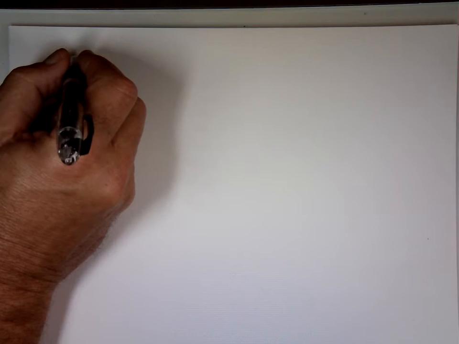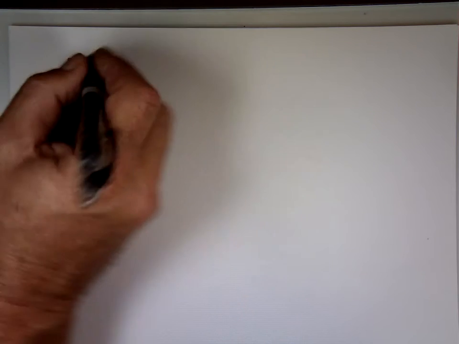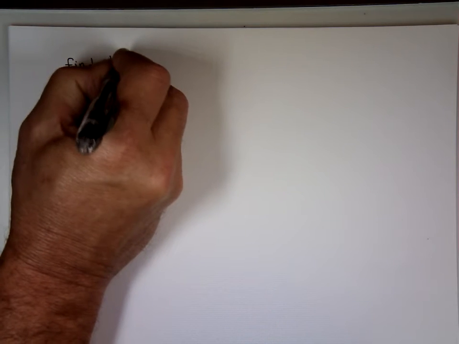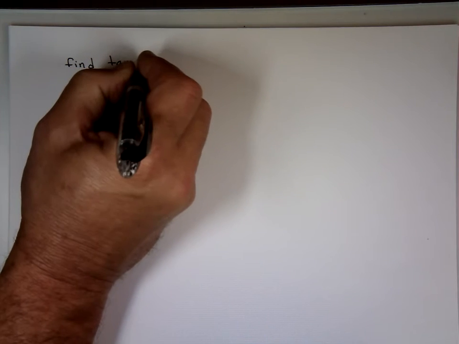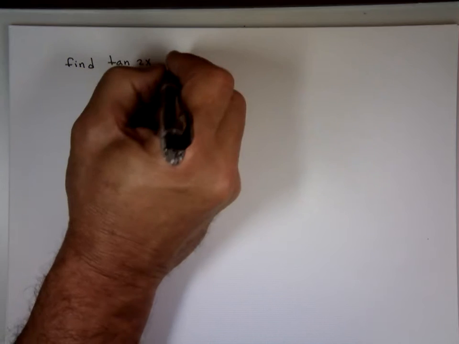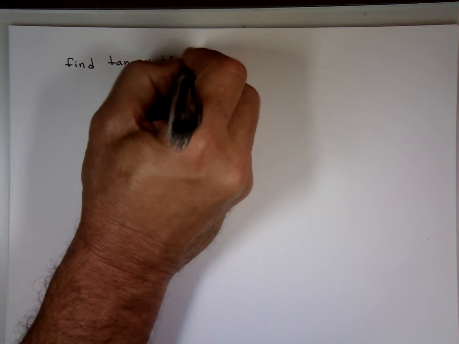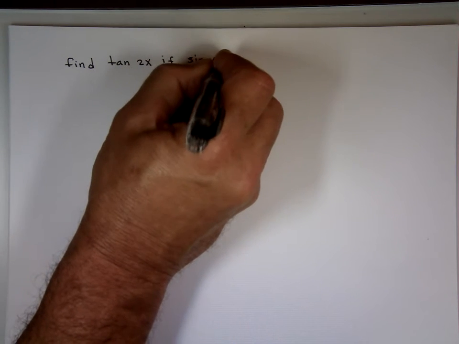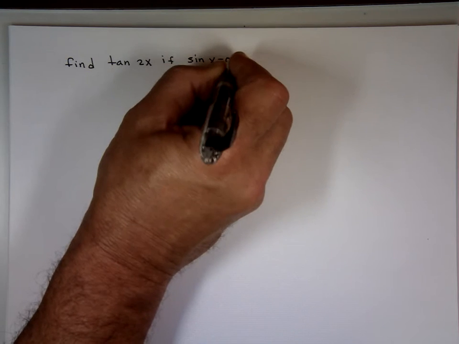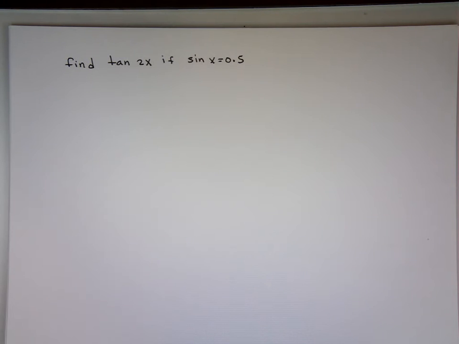Find tangent 2x if sine of x equals 0.5. Again, with all these problems, I'm sure they're looking for the exact answer.